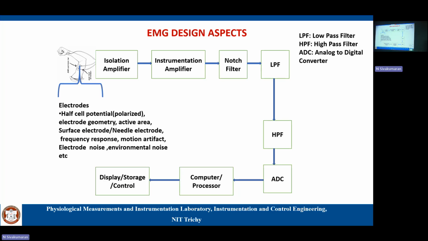See, inside the body we have ions. Outside, if you see any electronic device, any electronic circuit, if you want to measure voltage change, there should be a flow of current. Inside we have ions. Outside, any electrical system has current, resistance, and voltage.